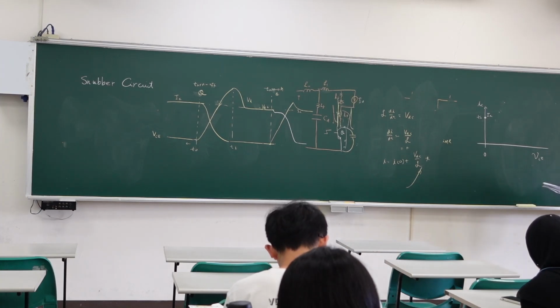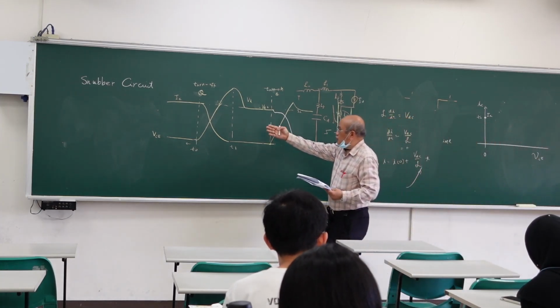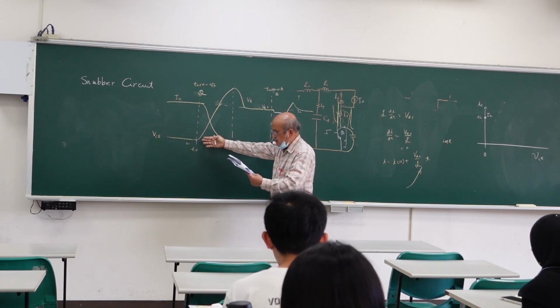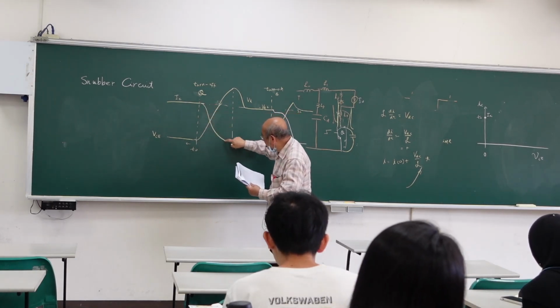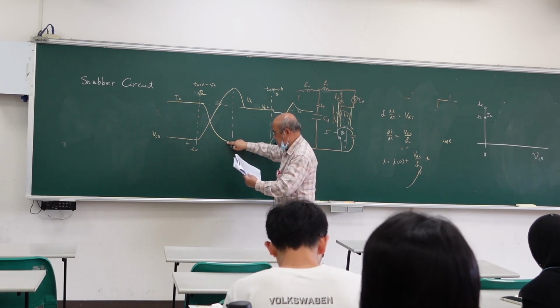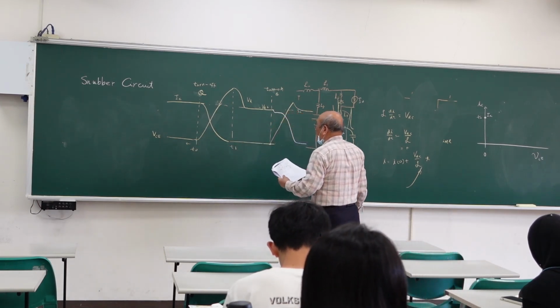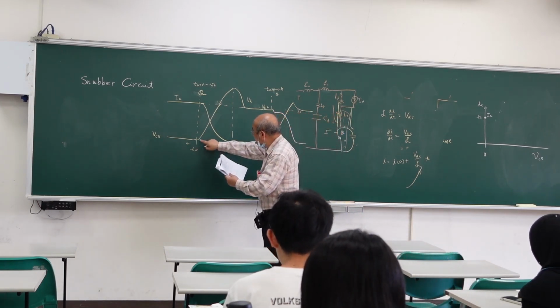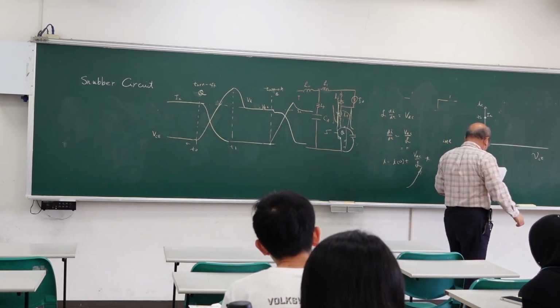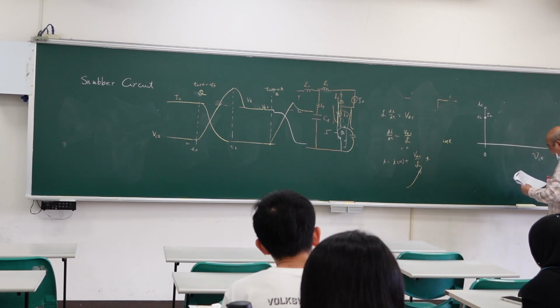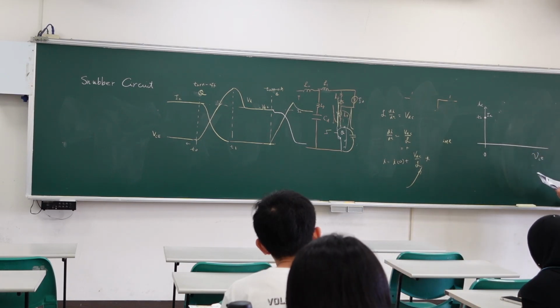Now, what happened? You try to turn off. If you turn off, what is the current? Current decreases. And how about voltage? Voltage increases. So we can see voltage increases and the current decreases.